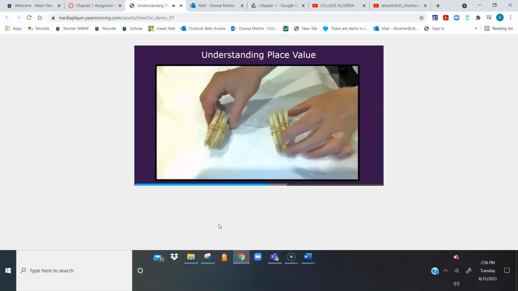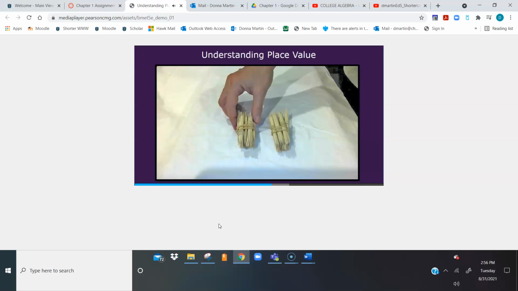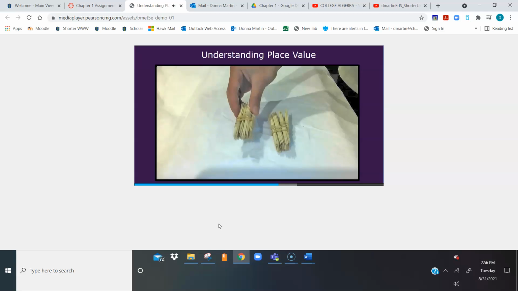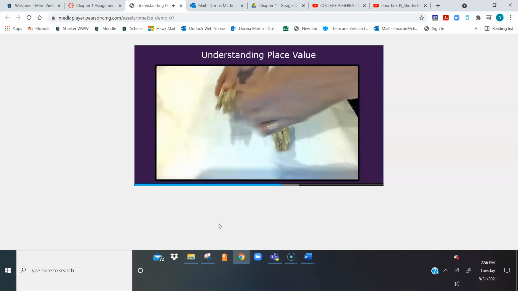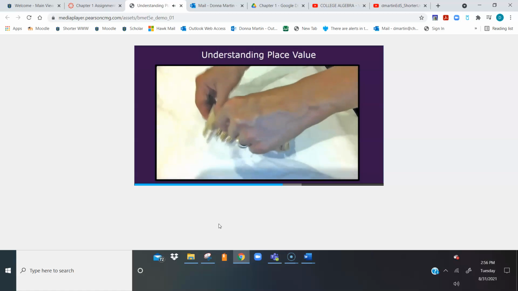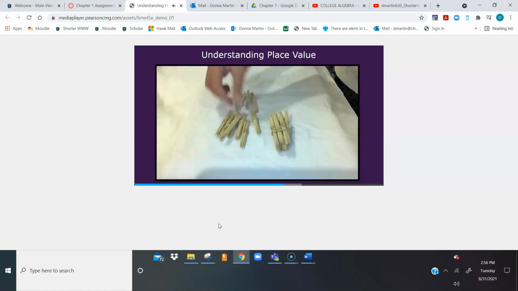There's something really important I want to talk about with these bundles of 100. They have more structure to them than just being 100 loose toothpicks in a bundle. They're actually made of bundles of 10. So remember, each bundle of 100 was made from 10 bundles of 10.